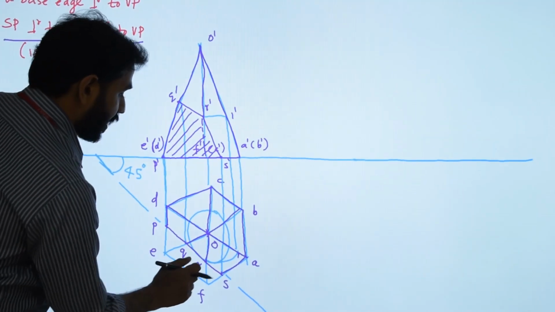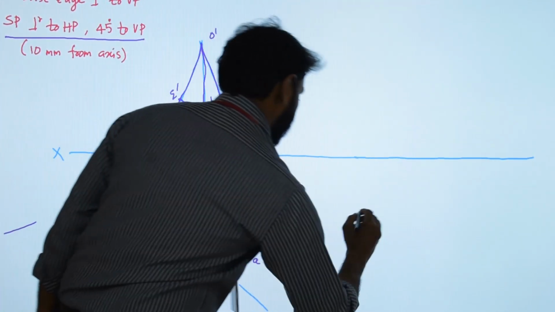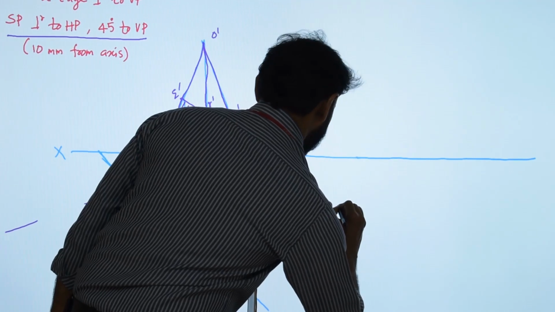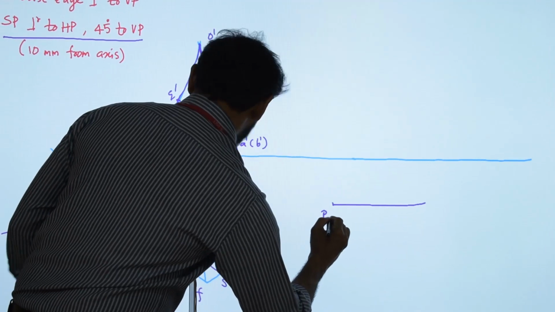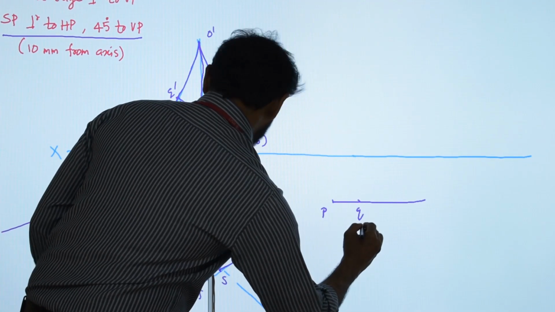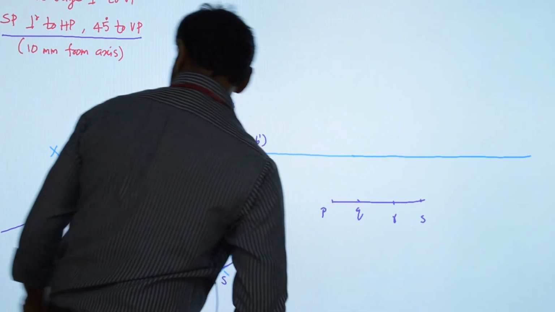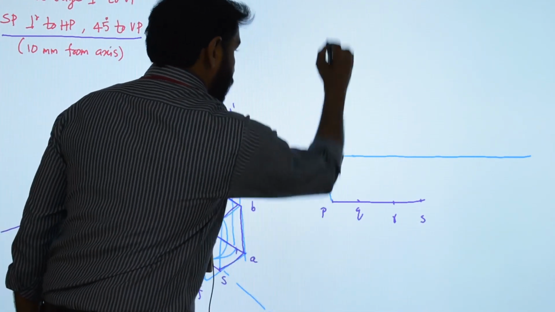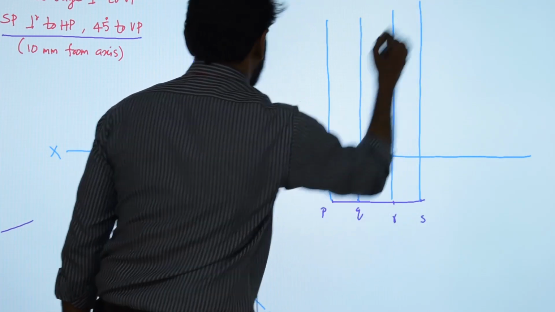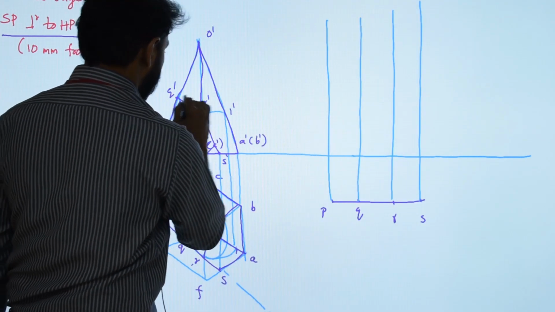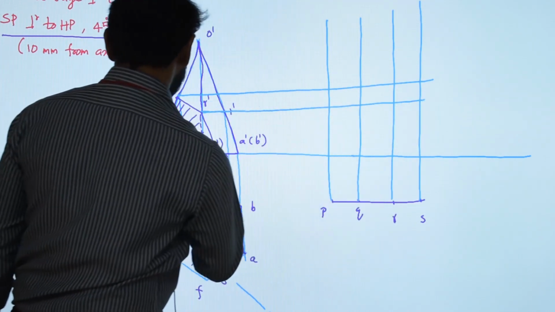PQRS is the line, so make it parallel to the XY line with exactly the same length, and mark all the points P, Q, R and S. Draw projectors, and also draw projectors from the cut points in the front view.